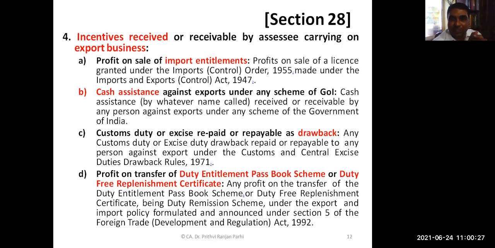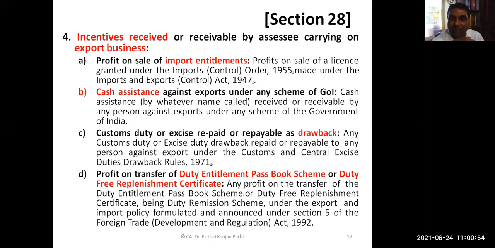The fourth item included under this section is incentives received or receivable by an assessee carrying on export business. If a person is carrying out some export business, he is entitled to certain benefits. For example, profit on sale of an import entitlement. If he has exported something, he is entitled to import something free of customs duty.